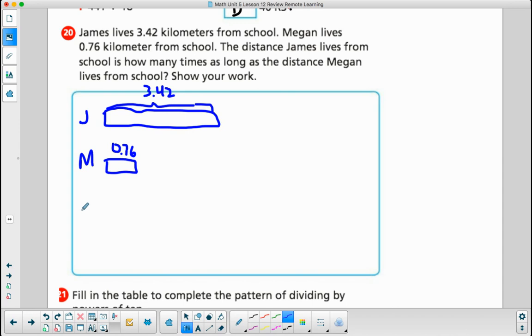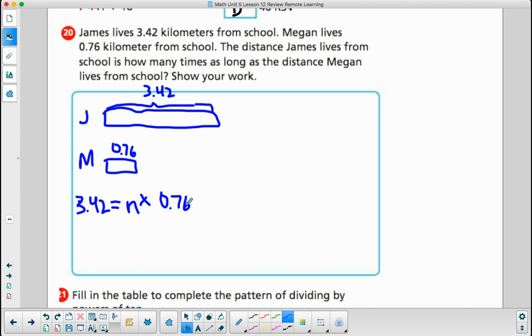So the distance James lives, 3 4/42, equals how many times some number times the distance Megan lives, which is 76 hundredths of a kilometer. Now, this is a situation equation. That's the way they gave it to me in the situation.